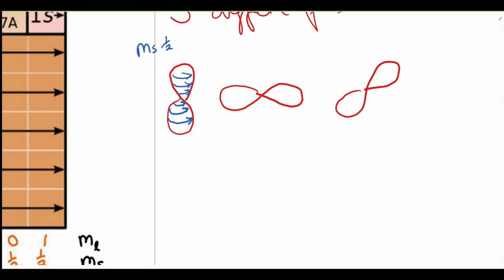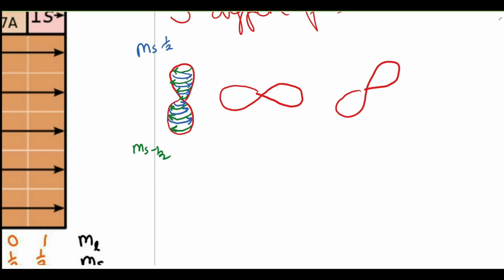And when we're talking about the ms value of negative 1/2, it's the electron occupying pretty much the same orbital, but now it spins in the opposite direction. Hence, sometimes you can also hear that the ms values are clockwise and counterclockwise, although which one is positive and which one is negative is arbitrary.